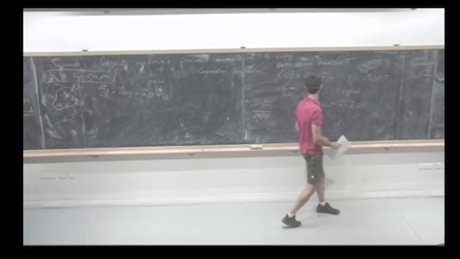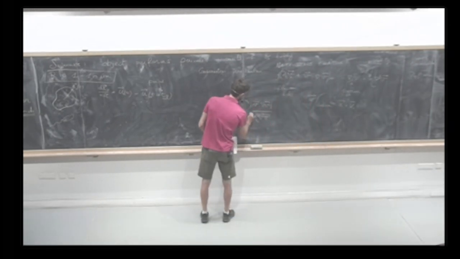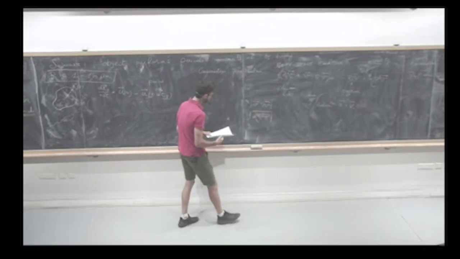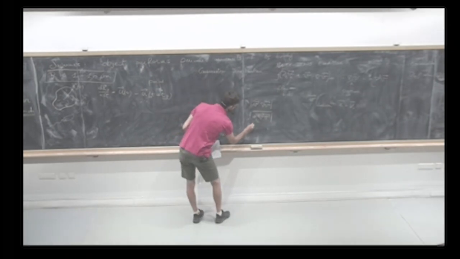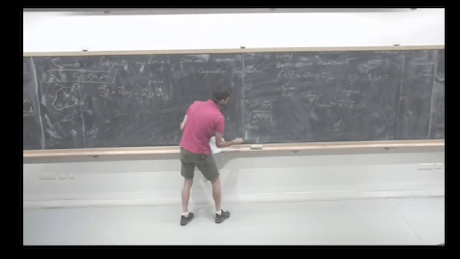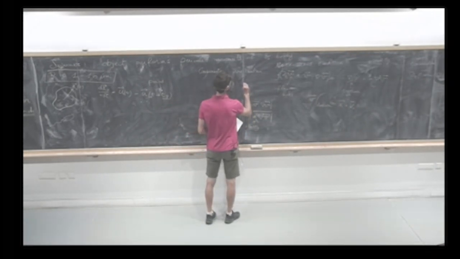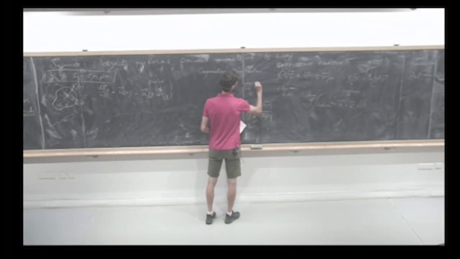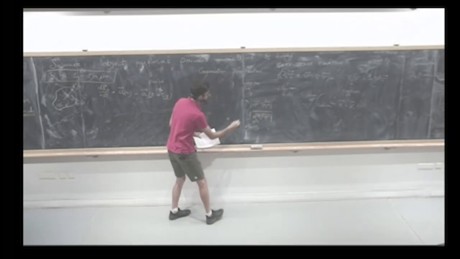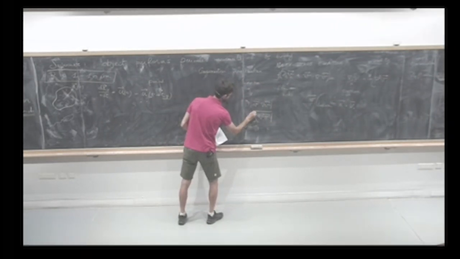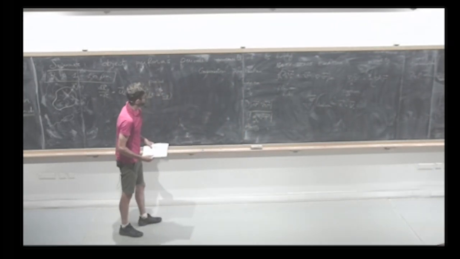You look at these two: this is viscosity, and this is the advection. There's also a rho missing, otherwise they are not the same guys.